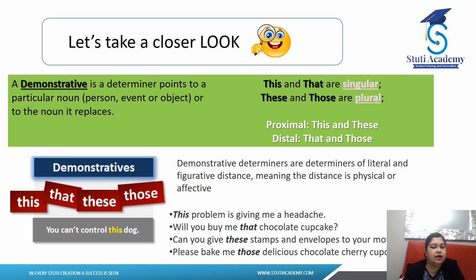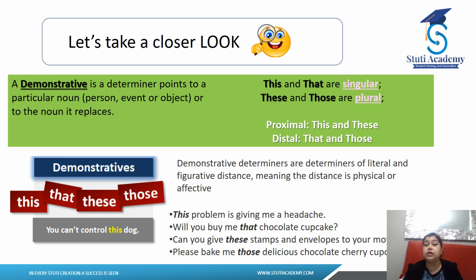So look at the examples here. This problem is giving me a headache. Now, this particular problem, which is right here. Will you buy me that chocolate cupcake? So I'm pointing out that chocolate cupcake. It's something that is away from me, one particular thing, but away from me. Can you give these stamps and envelopes to your mother?